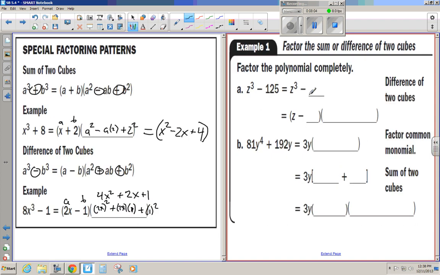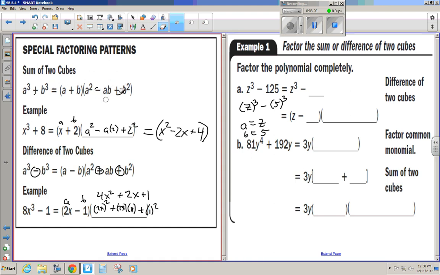All right, so difference of two cubes here. So the way this has to be written is, this is basically z cubed minus 5 cubed. So a is z, b is 5. So we follow the pattern here.